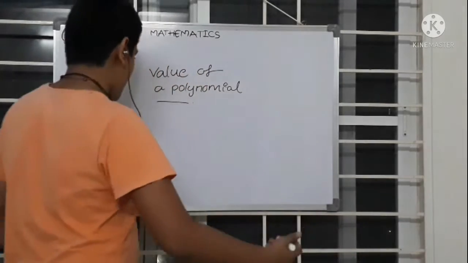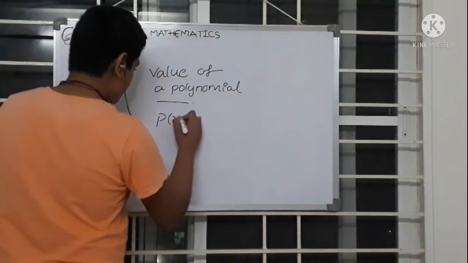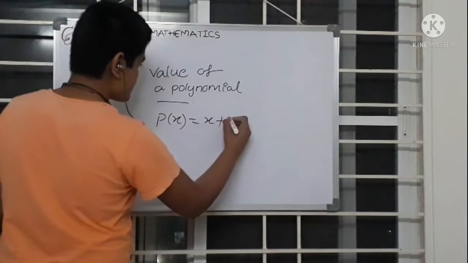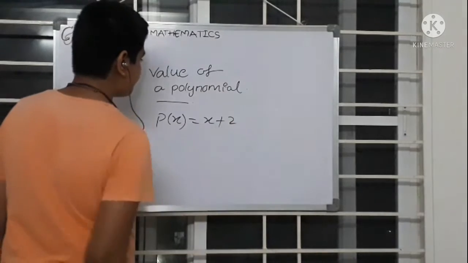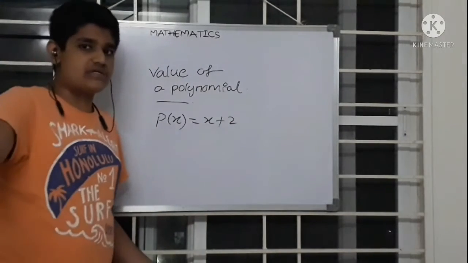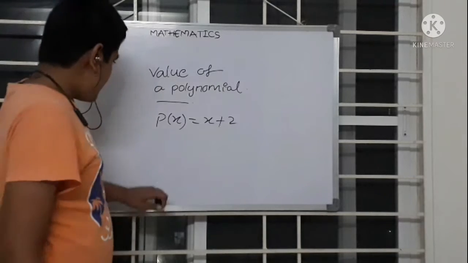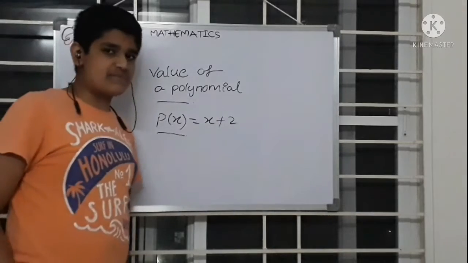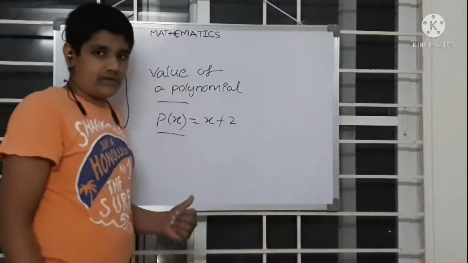Now let us take one example, an easy one which makes the concept clear. P of x is equal to x plus 2. So this is a polynomial.